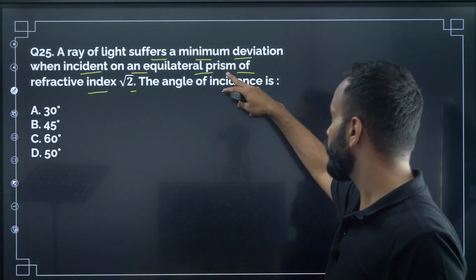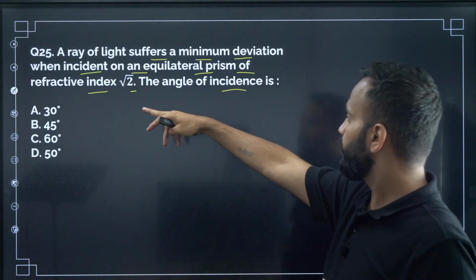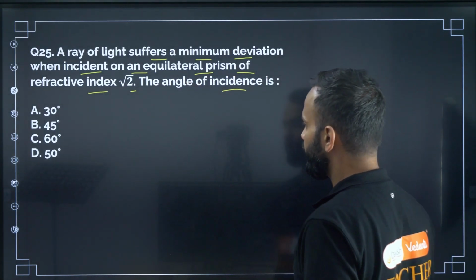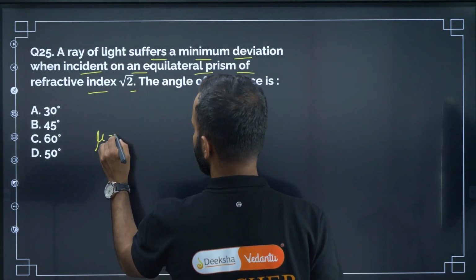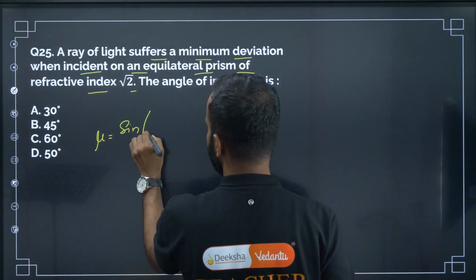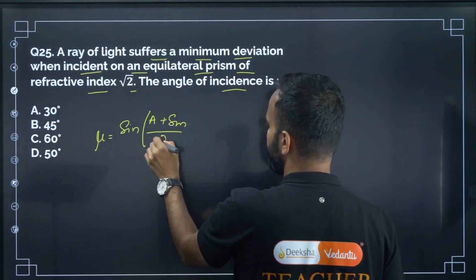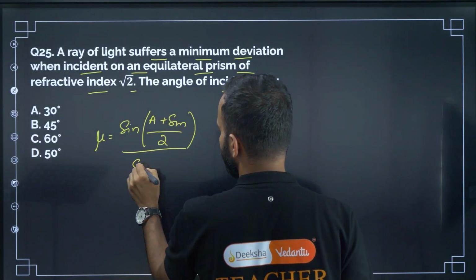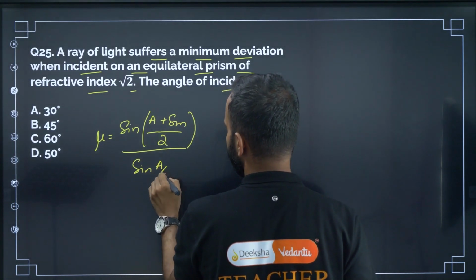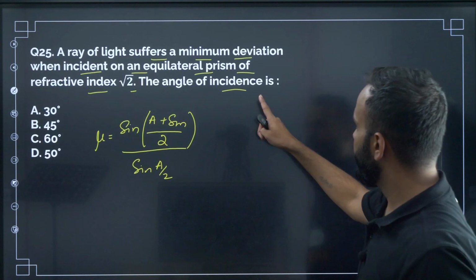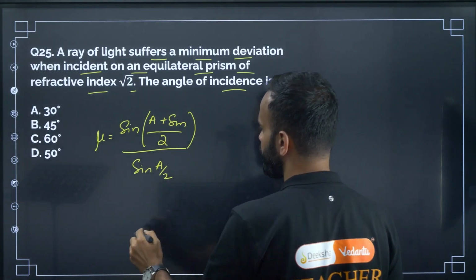So how to find the angle of minimum deviation? We know the refractive index formula of the prism: mu equals sine of (A plus delta m) by 2, where delta m is the angle of minimum deviation, divided by sine of A by 2. A is 60 degree, mu is √2.